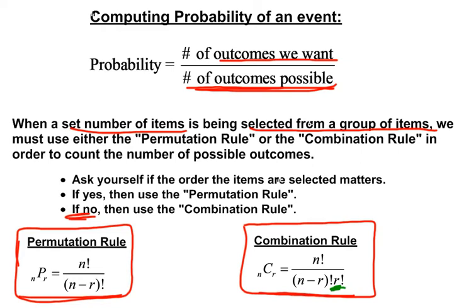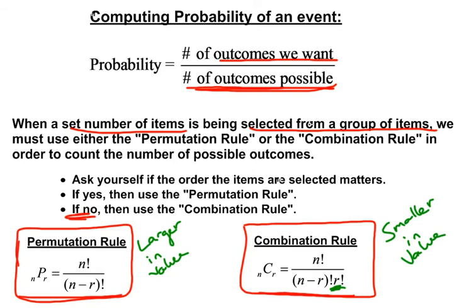And that ends up making your values for the combination rule smaller than we would get for the permutation rule. The permutation rule values are going to be larger than what we get from the combination rule. And it's just because we're dividing by that additional value down there, which reduces the number of occurrences.